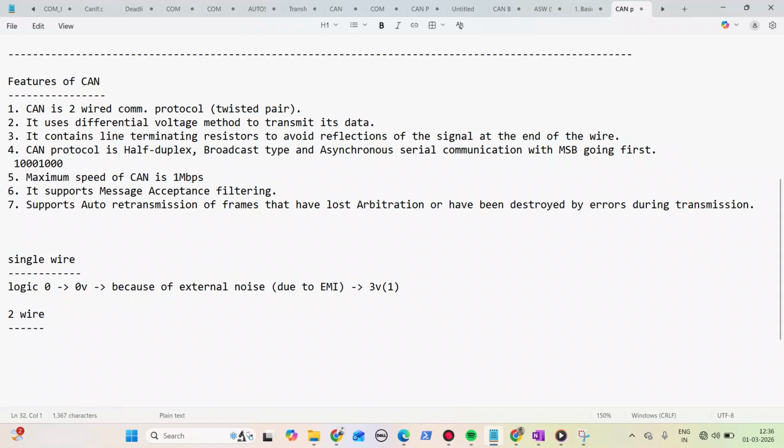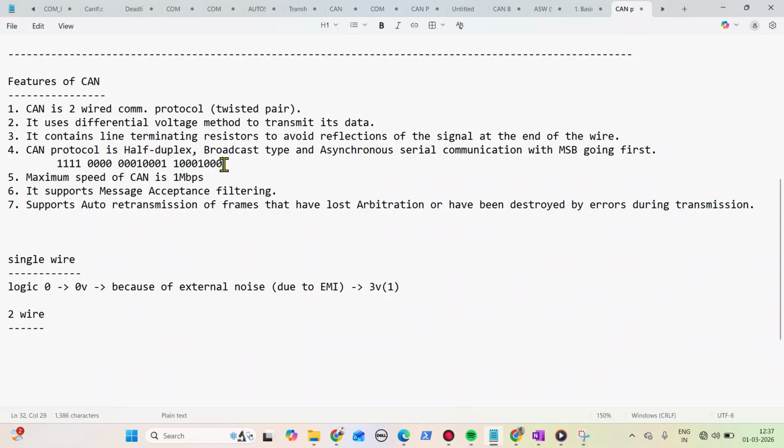I will give you more clarity here. Consider, guys, for example, I want to transmit these 3 bytes of data. How will these 3 bytes of data be transmitted?